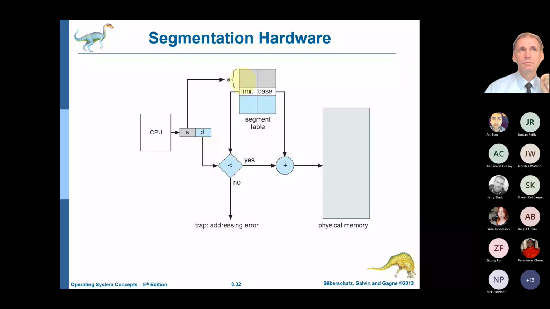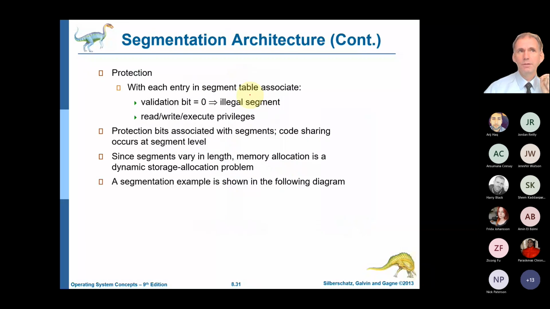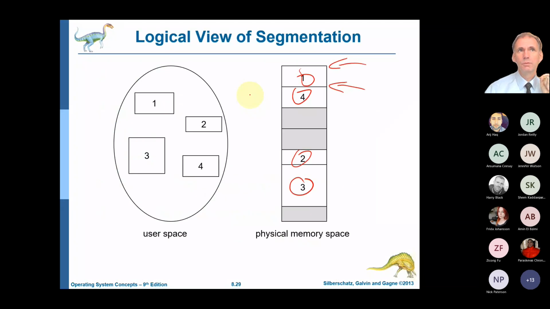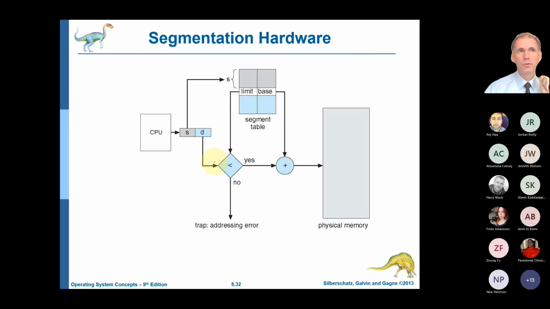But if it is, we find out where it is in memory. We find out the starting place and the ending place. We add those on to our offset that we've already checked, and that gives us our address in physical memory. So it starts getting more complicated, but is a lot more flexible.